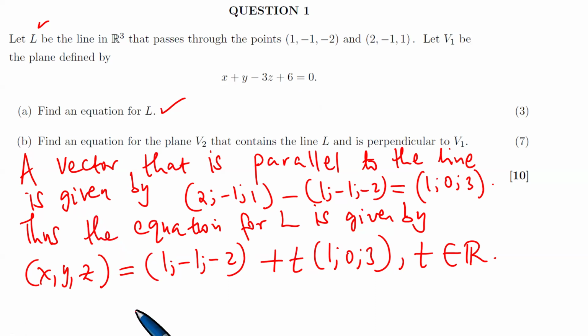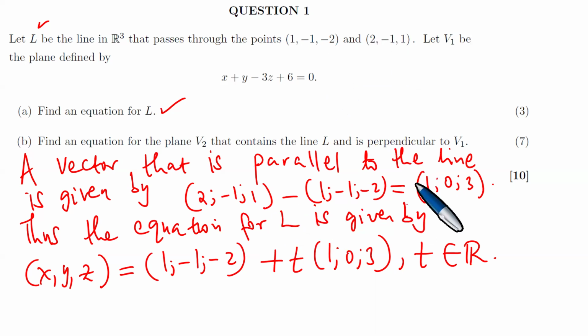this is what we have. So a vector that is parallel to the line is given by this, because it's a line that passes through the points. Therefore, if you have a line passing through two points, then a vector that is parallel to the line is given by the difference. Here you can take this minus that, or that minus this.